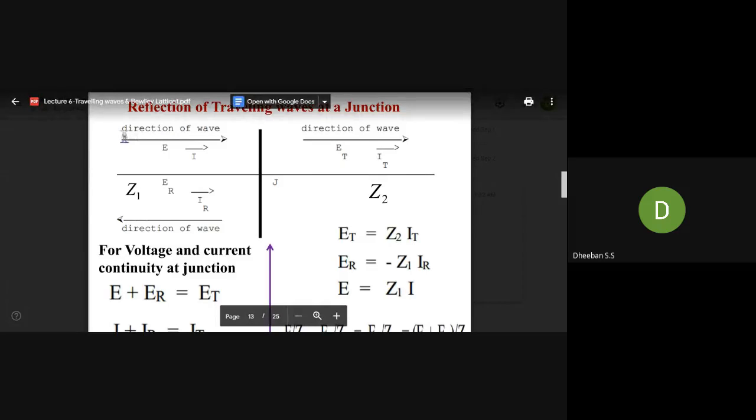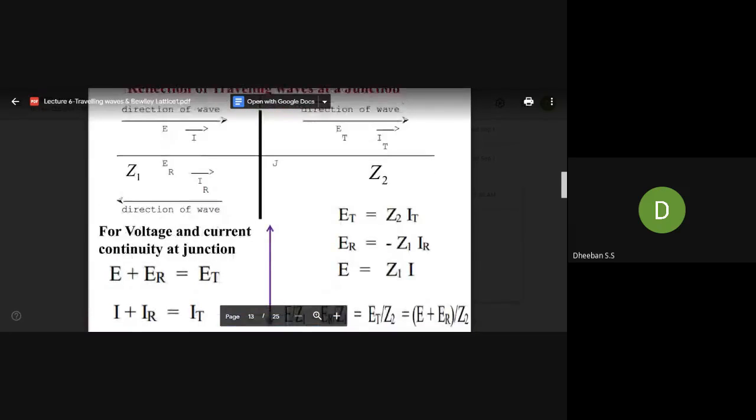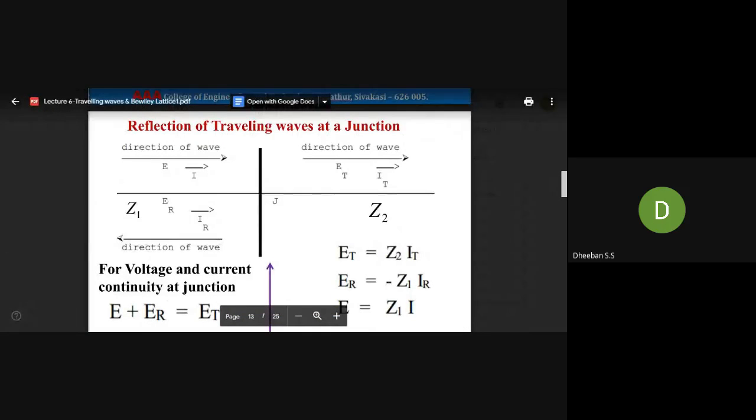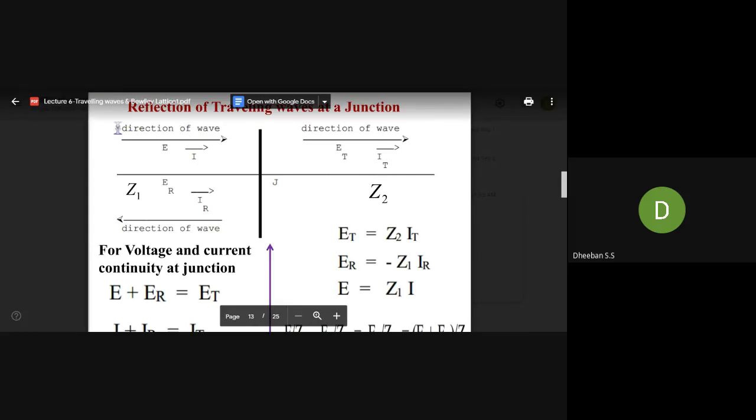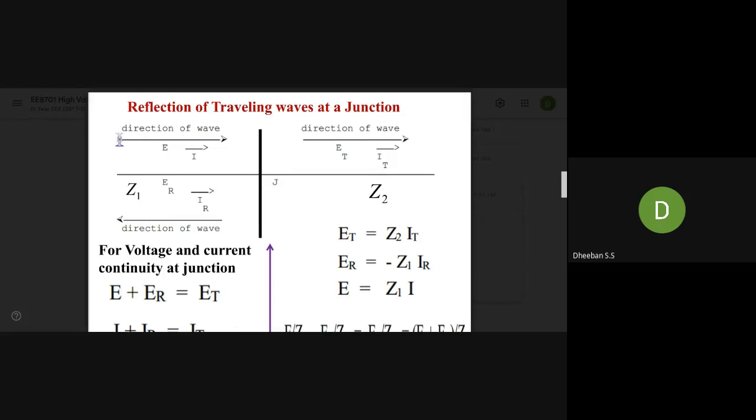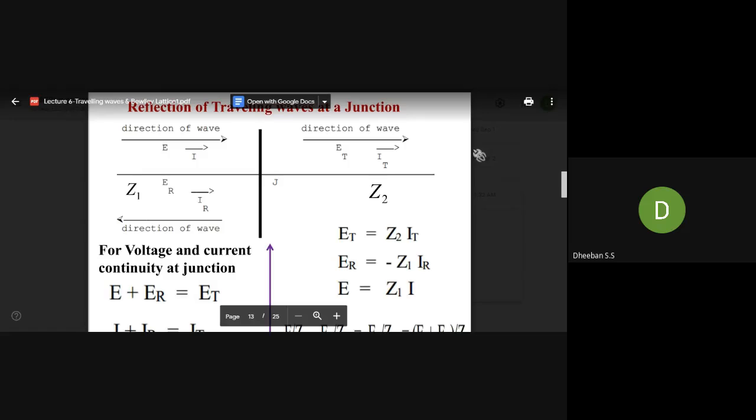So if it is coming in this fashion from left to right, and the wave is getting reflected, for the reflection there is some condition. In general what we expect is, if this is the A point and this is the B point, your direction of the wave has to be from A to B. It has to cross through this junction from A to B, but sometimes the wave has the capacity to be reflected.